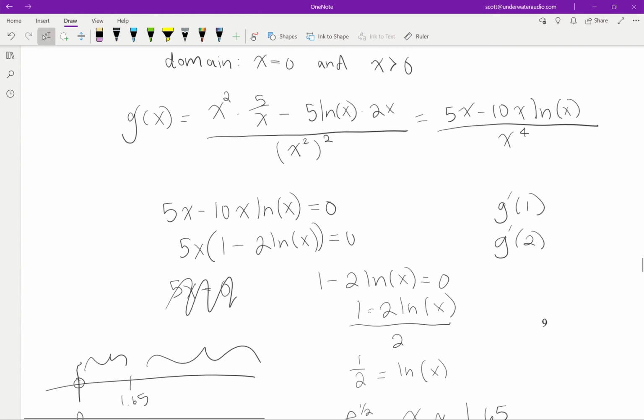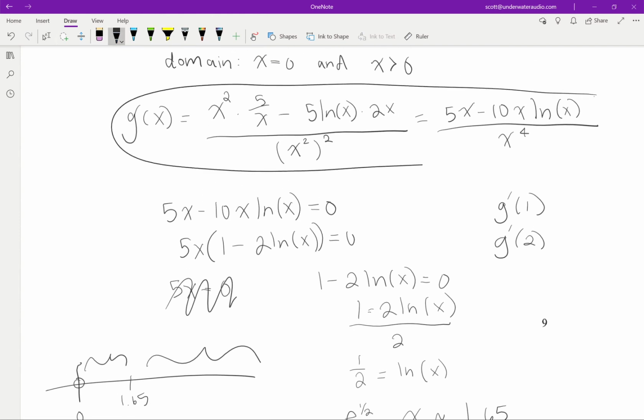If I plug 1 into my derivative, that would be 5 minus 10 natural log of 1, all over 1. And I think the natural log of 1 is 0, but let's find out. Natural log of 1 is 0.